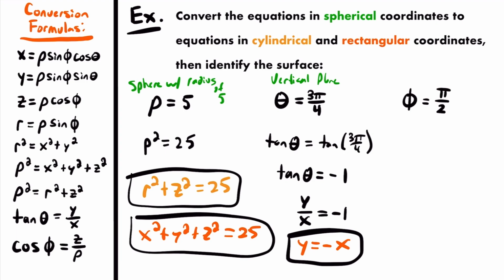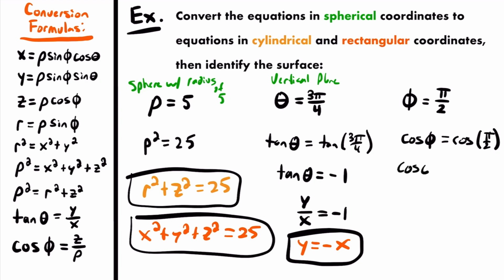This one can be a little bit trickier, but what we probably want to do here is introduce cosine, because I know that cosine of phi is equal to z divided by rho, and then we can just replace rho with an expression in terms of cylindrical or rectangular coordinates. So I'm going to start with that. I'll take cosine of both sides of the equation. So we'll have cosine of phi equals cosine of pi divided by 2. But now cosine of pi divided by 2 is 0.